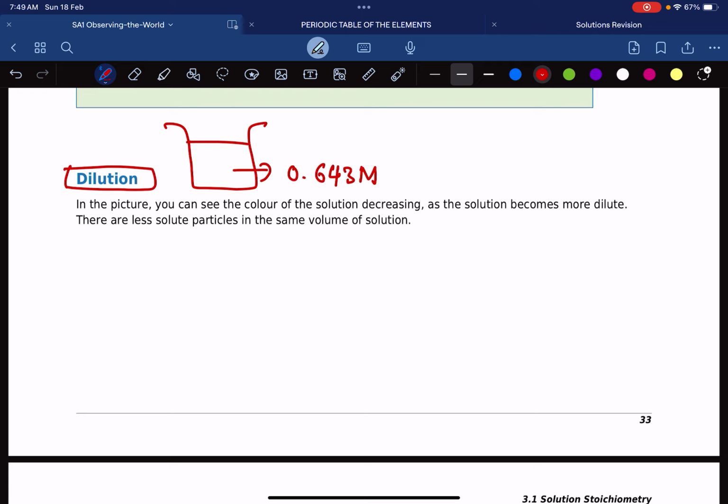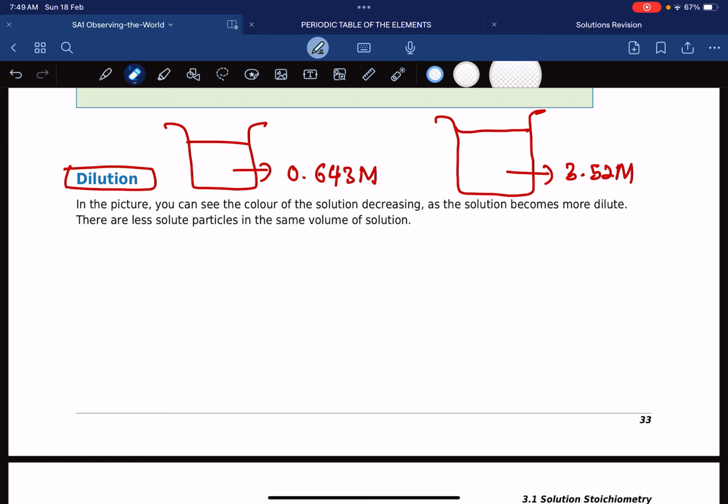Now let's say you are given a solution, and this solution has a concentration of 3.52 molar.